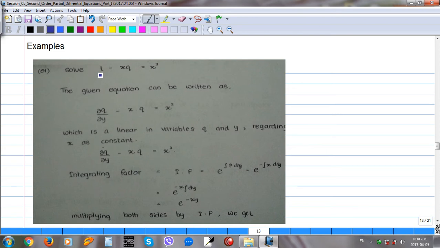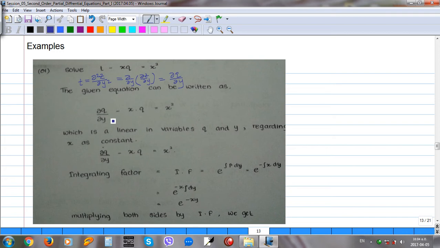So you know that t equals ∂²z/∂y². Then you can write t as ∂/∂y times ∂z/∂y. But you know that ∂z/∂y is equals q. Then you can write ∂q/∂y. That's why here t equals ∂q/∂y. Then minus x cube equals x squared.